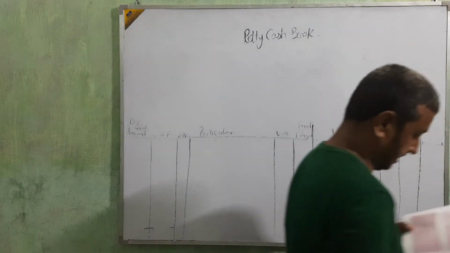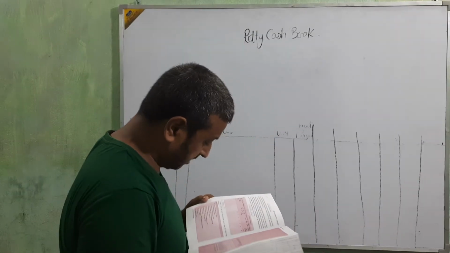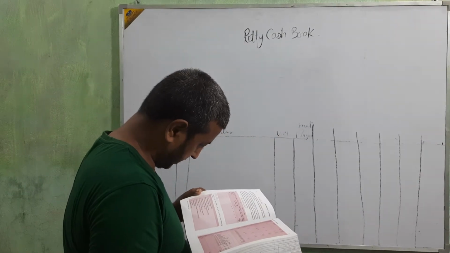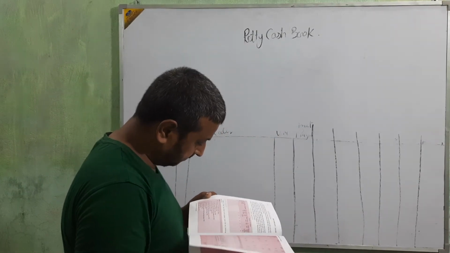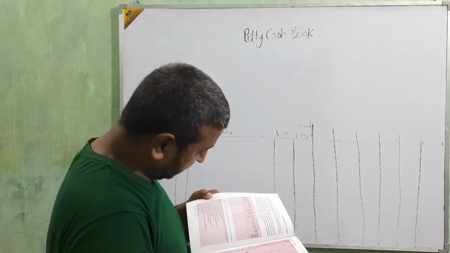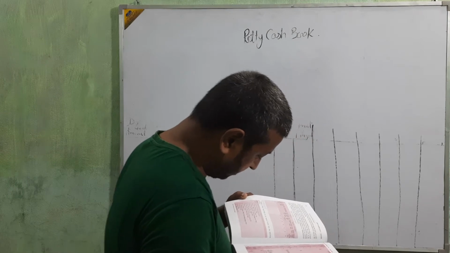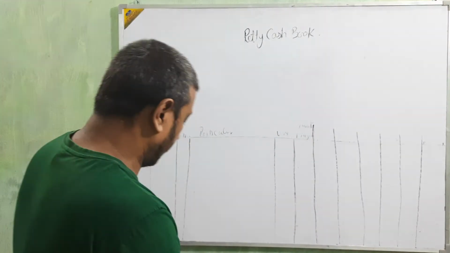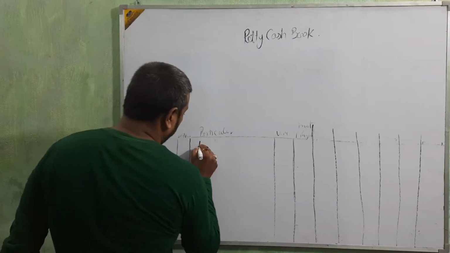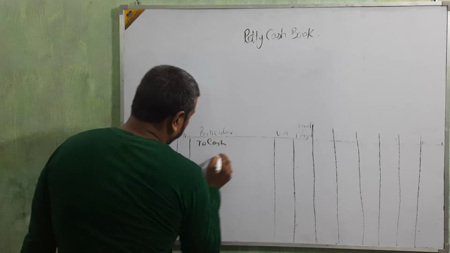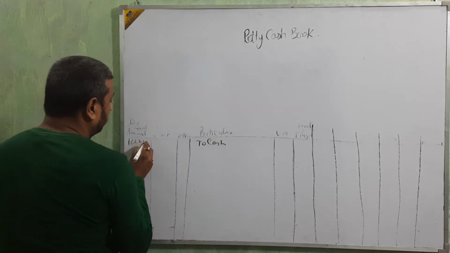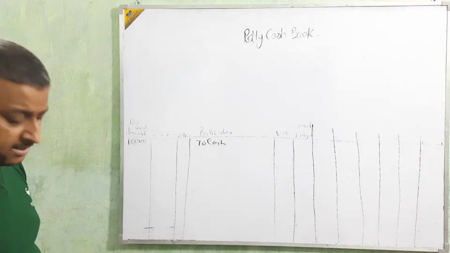Okay, take the first item. Received rupees 10,000 from the cashier. So write here 'to cash', amount 10,000. Okay, beta? Clear?